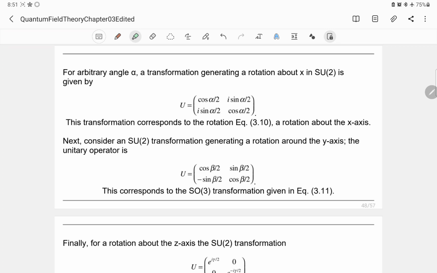For arbitrary angle alpha, a transformation generating a rotation about x in SU2 is given by this matrix.